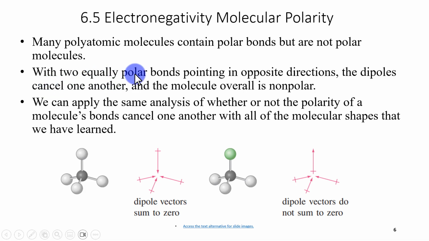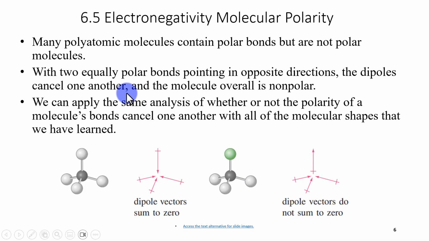If I have two equally polar bonds, but they're pointing in opposite directions, the dipole moments will cancel one another. And that tells me that the molecule is nonpolar overall.